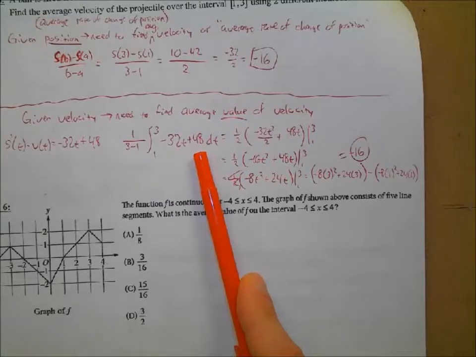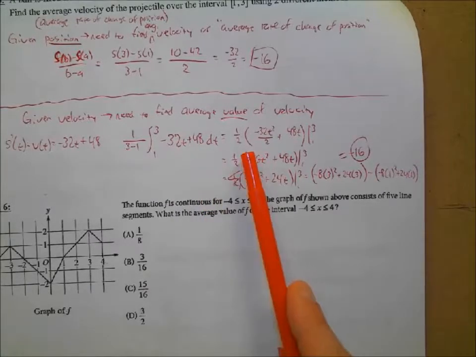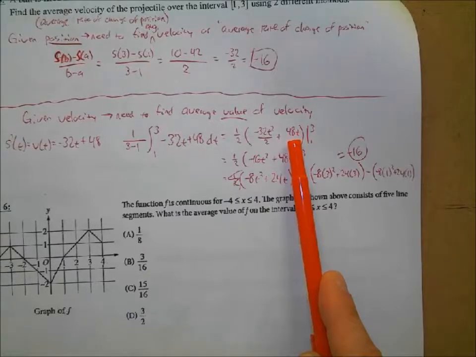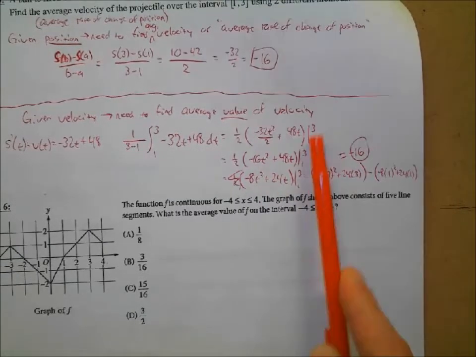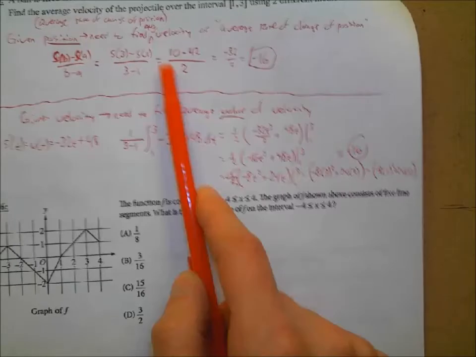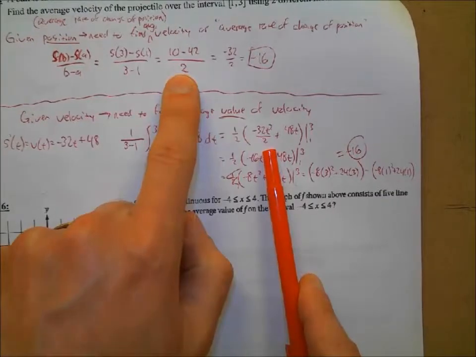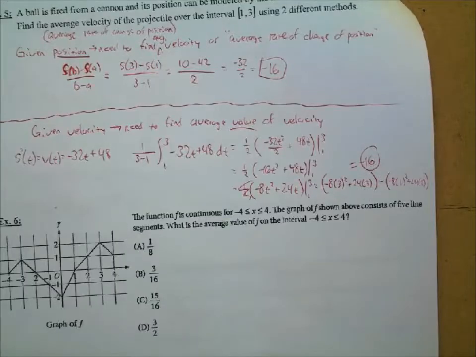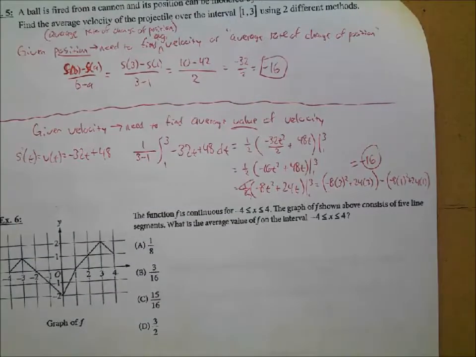When you integrate the velocity, what do you end up with? Position. And what are we going to do? We're going to evaluate the position at 1 and at 3 and subtract those and multiply by 1/2, or in other words, divide by 2. So you can see we end up doing almost the exact same thing, just 2 different ways.